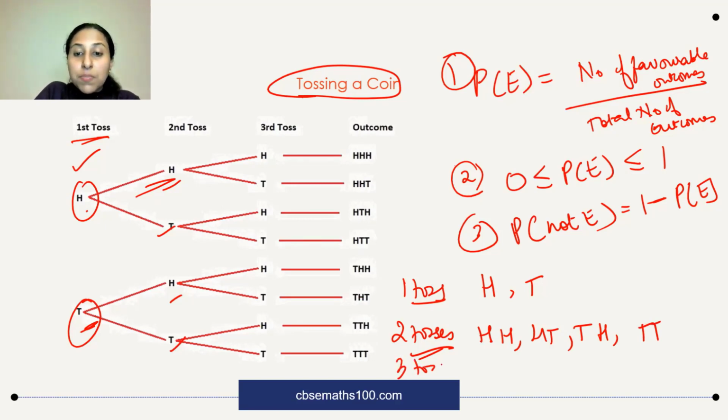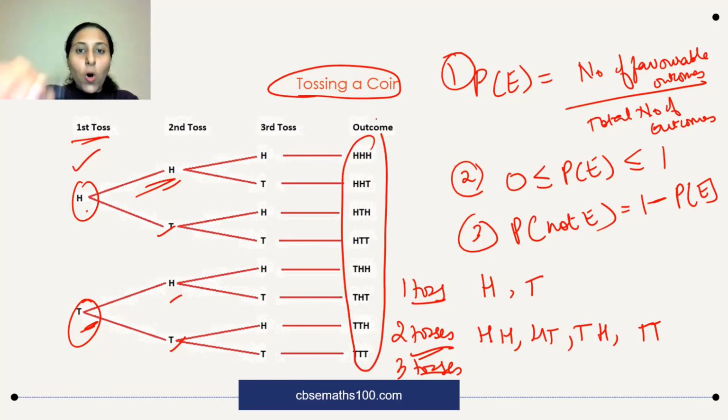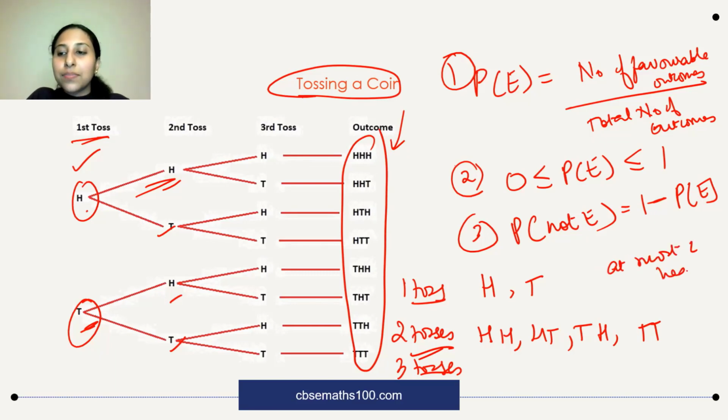And 3 tosses means what are all the possible outcomes? It is listed over here. See, all these 8 outcomes you will be having. Remembering these type of outcomes is important for you to be able to answer these questions which are based on probability. Okay, and be careful of some words. Like if suppose I'm tossing 3 coins and I'm getting these outcomes, if you're getting words like probability of getting at most 2 heads.